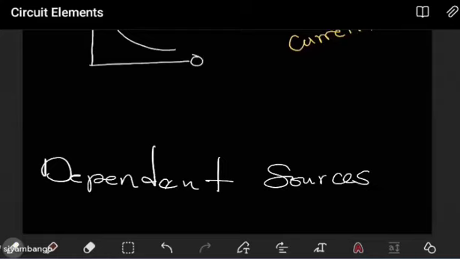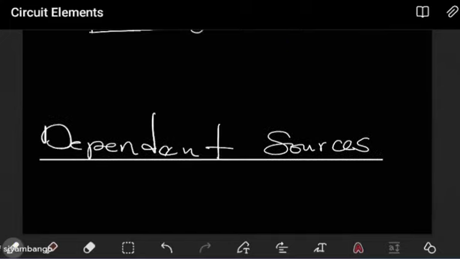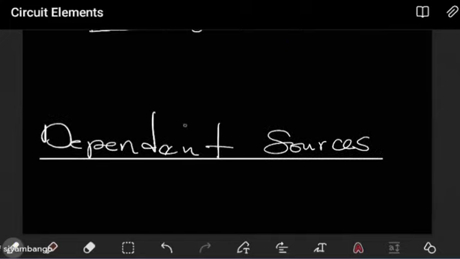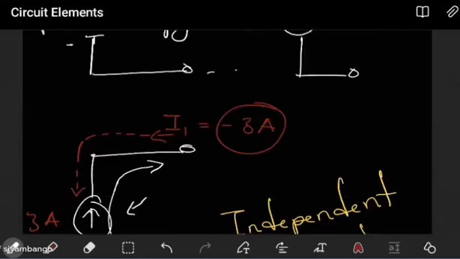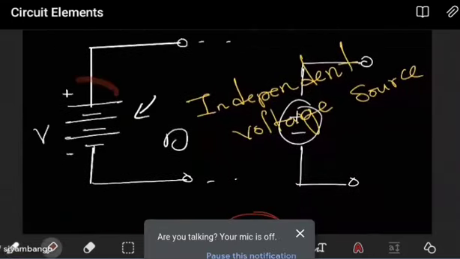Okay. Now, when it comes to dependent sources, let's first understand what it means. When a source is said to be dependent, it means that it doesn't really generate on its own. It depends on what is happening somewhere else. Take, for example, these ones that I was writing here. This is a voltage source and it is independent.